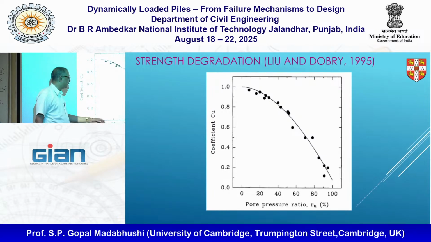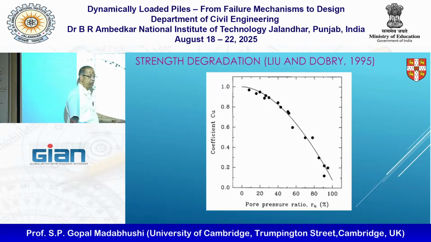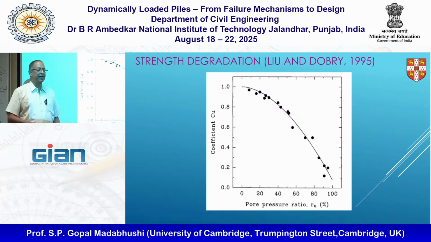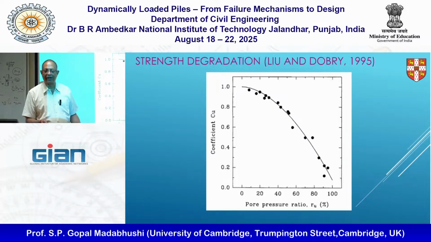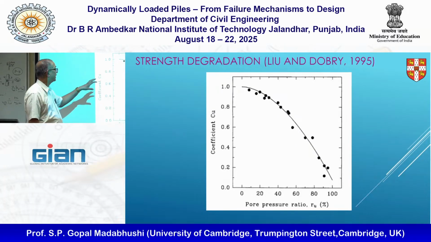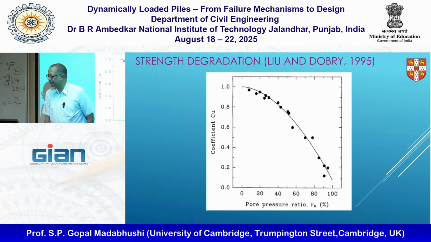Typically, clays don't produce that kind of pore pressure. You'll get something like maybe 20, 30, 40 kPa, right? So it will be maybe an 80% drop or 70% drop. Whereas sands obviously will liquefy, therefore they'll go all the way to 0. But this observation, this data from Liu and Dobry, is very widely used and quoted, and it's considered to be pretty good. Okay?